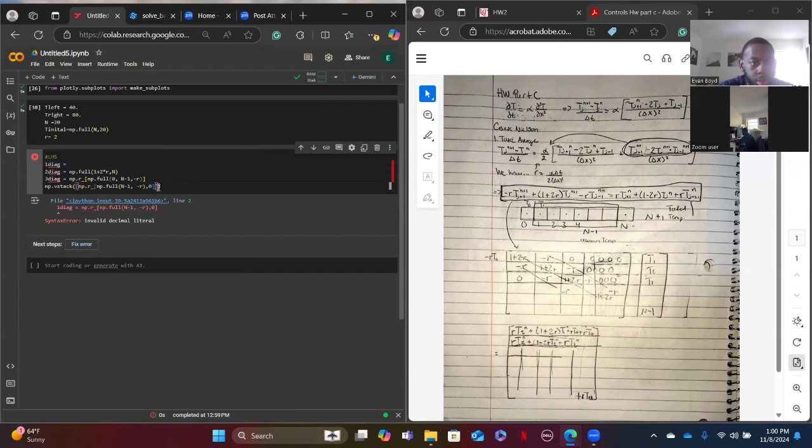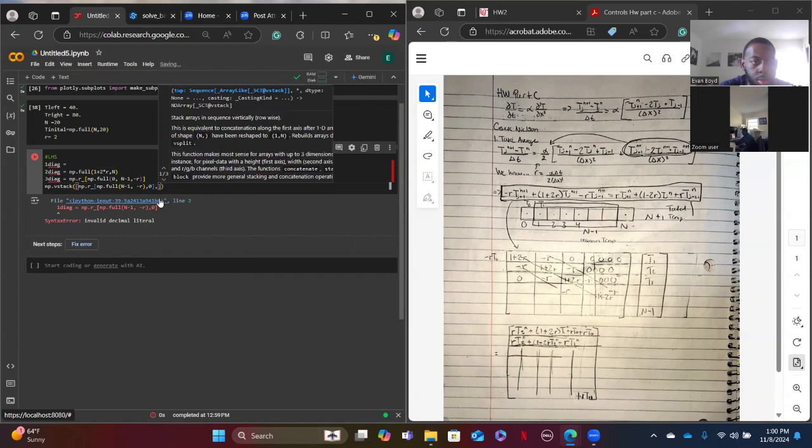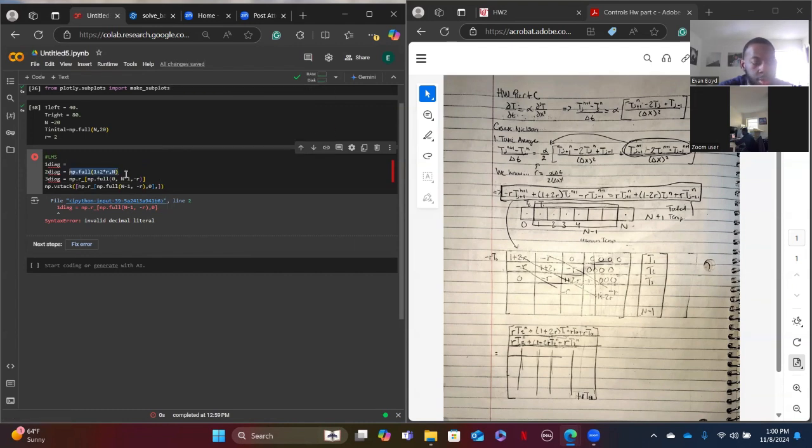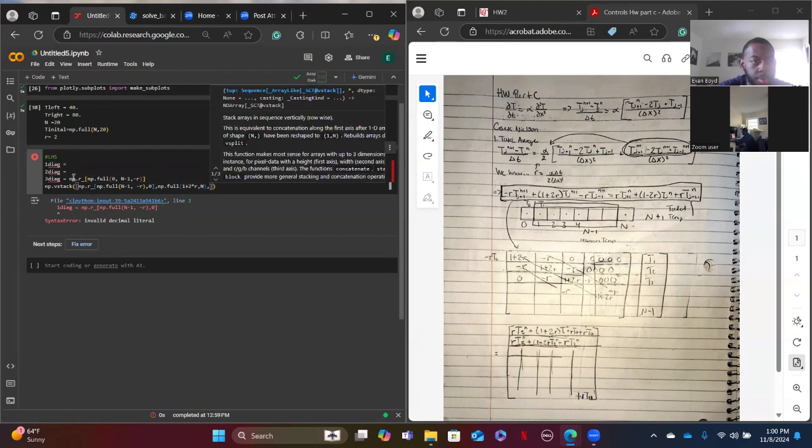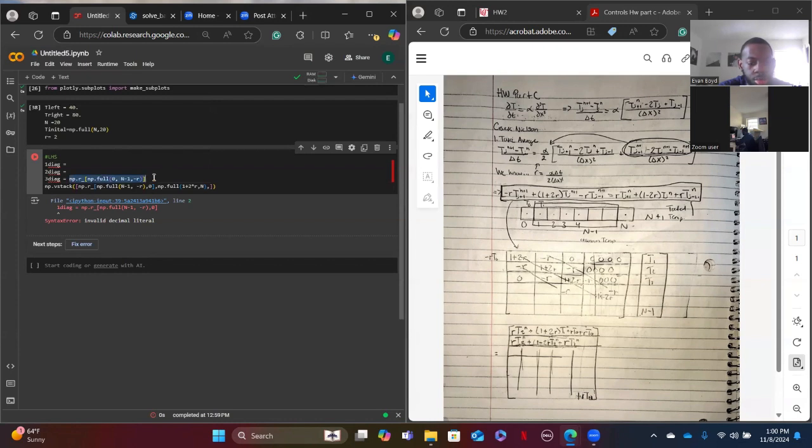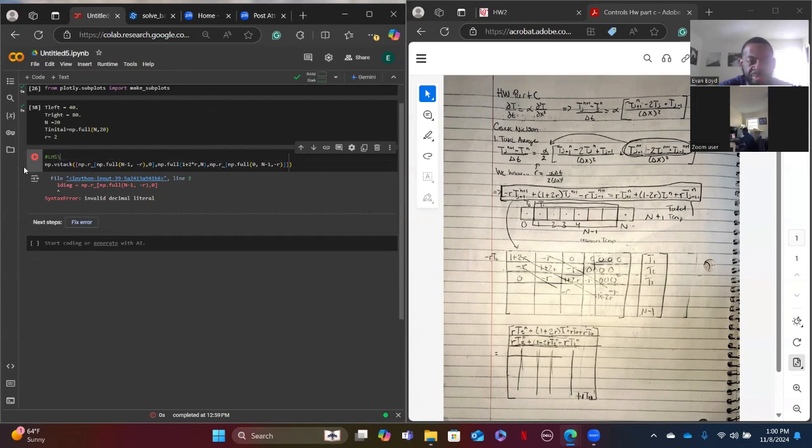And then the next one, NP dot full for the second diagonal. And then we would do the last one for the third diagonal. All right, we'll get rid of this. And now this is our left-hand side represented in the equation.